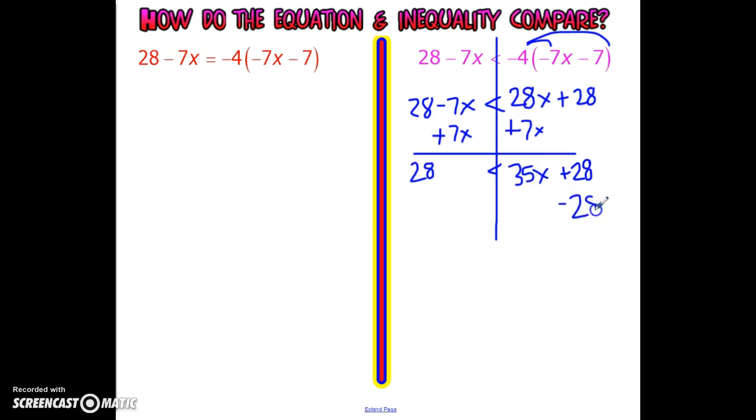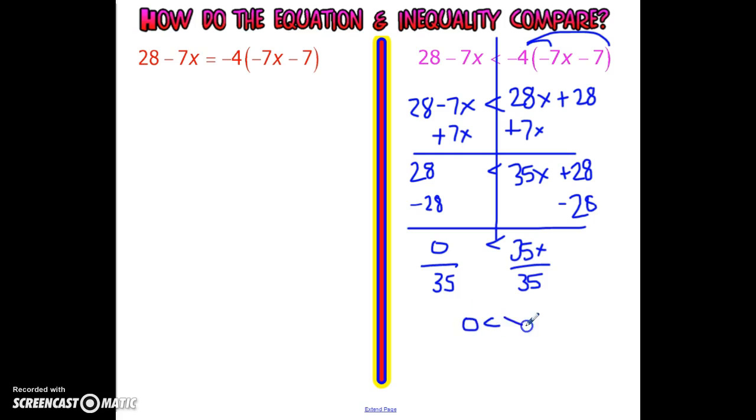Subtract 28 from both sides. 28 minus 28 is 0, is less than 35x. And when I divide 0 by any number, the answer is 0. So this says 0 is less than x. Another way to write that would be x is greater than 0.